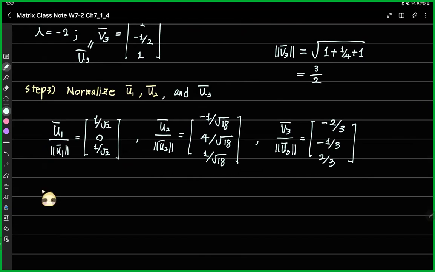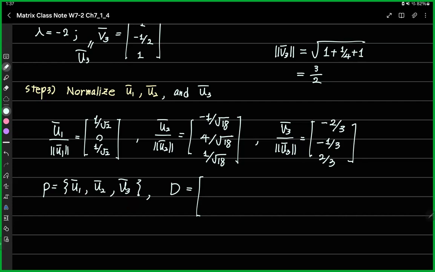So P is going to be U1, U2, and U3. And D is going to be what? We just rearrange the eigenvalues to match the order of the eigenvectors.